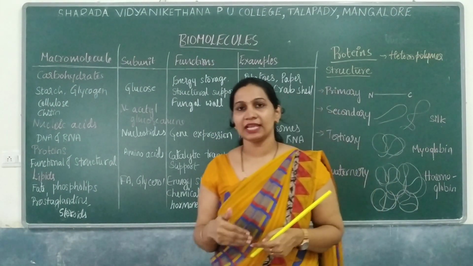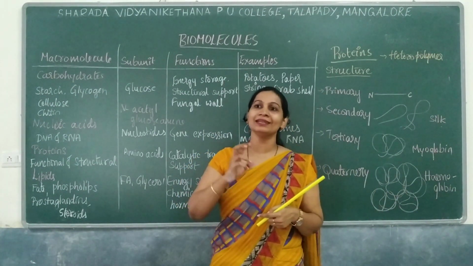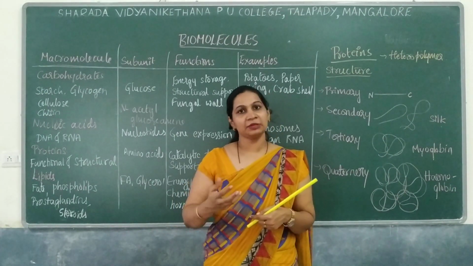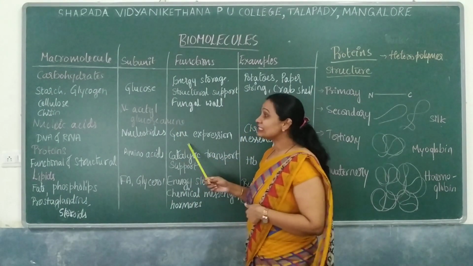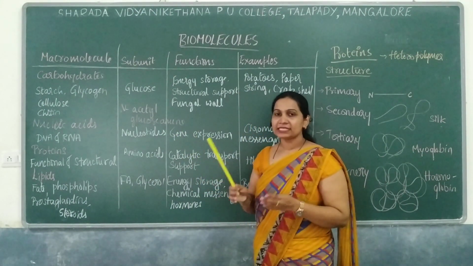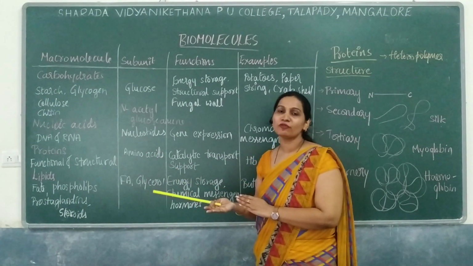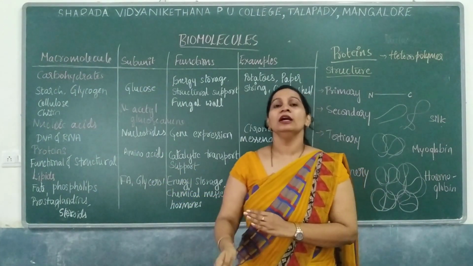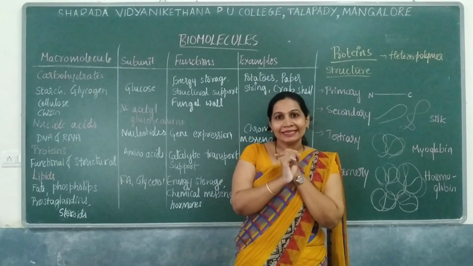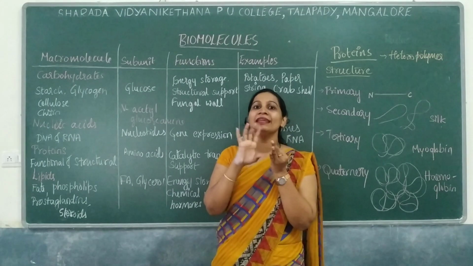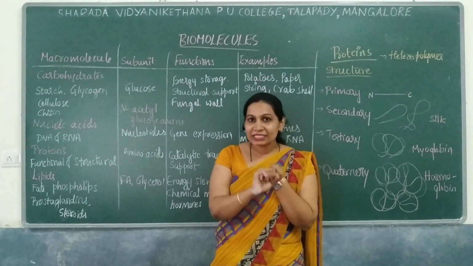The DNA as well as RNA. DNA, as you know, is mainly a genetic material. It is mainly acting as a genetic material which will help in the gene. There is a presence of mRNA, messenger RNA, rRNA, ribosomal RNA, tRNA, transfer RNA.